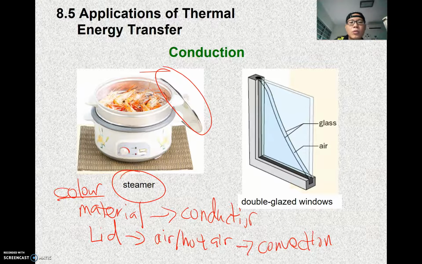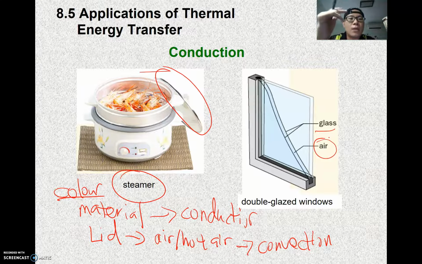As for the double glazed window, if you look at the picture given, you'll find that surprisingly the question highlighted two glass layers. Two glass layers, and in between the glass there is the presence of air. The moment you see air, like I mentioned before, we are dealing with bad conductors, and we are relating it to conduction, because air is a bad conductor and a good insulator.